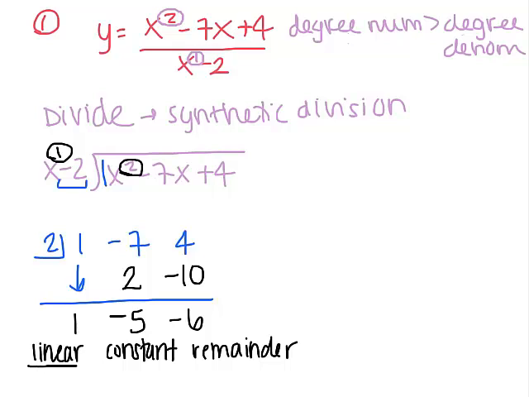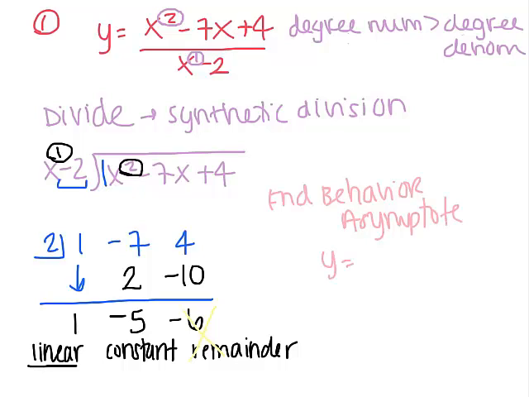In this situation, guys, we're not going to really care about our remainder. It doesn't mean anything here. So my end behavior asymptote in this case is going to be the line y equals x minus 5. Here's the coefficient of 1, and here's negative 5, x minus 5.